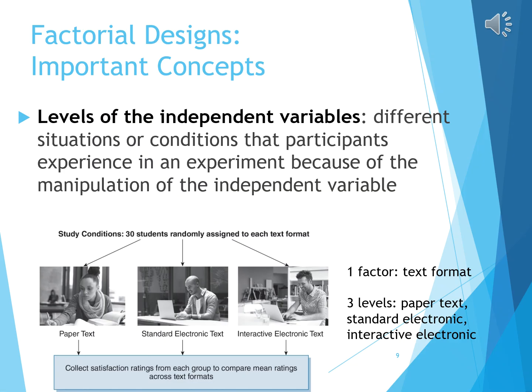In last chapter, we were just talking about one factor, meaning one independent variable, which was the type of format a textbook was in. The outcome variable was student satisfaction ratings. And that factor had 3 different levels. It had paper textbook, standard electronic textbook, and interactive electronic textbook.